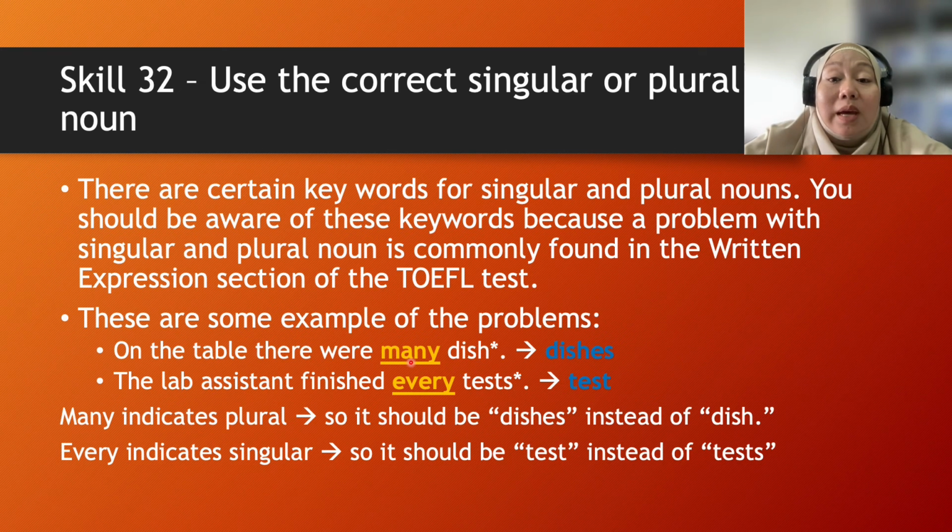Because we have the keyword here, many. Many means that the noun following it should be plural. So this one should be dishes. On the table there were many dishes.